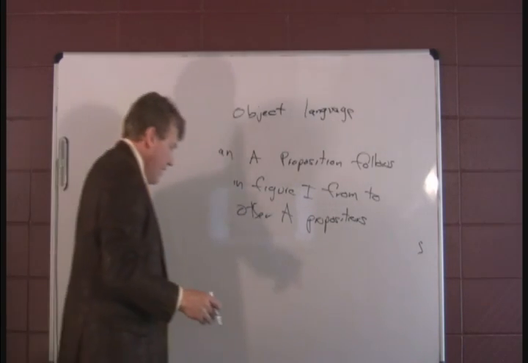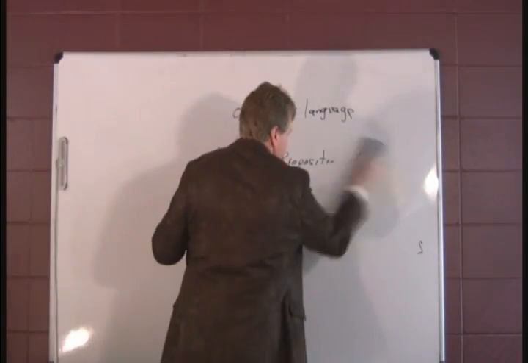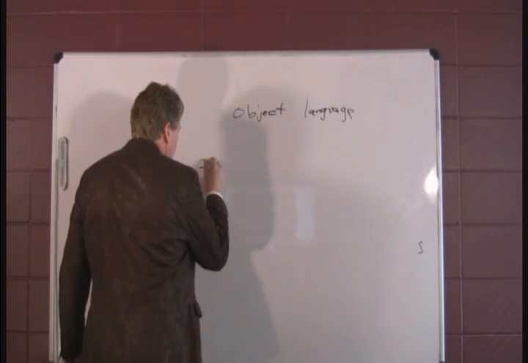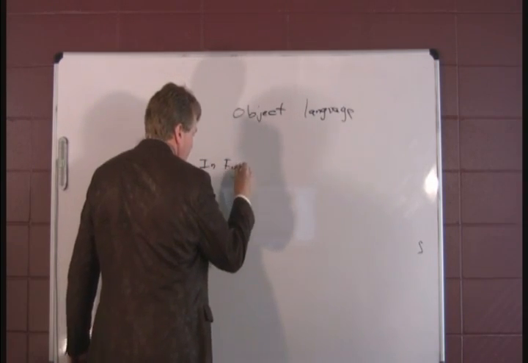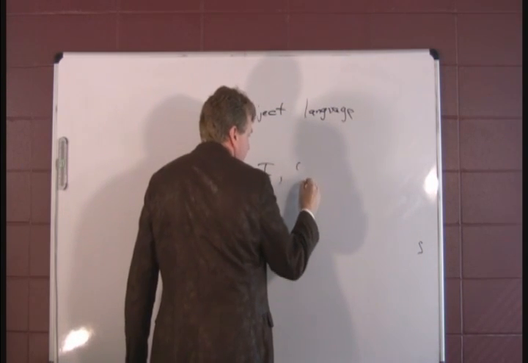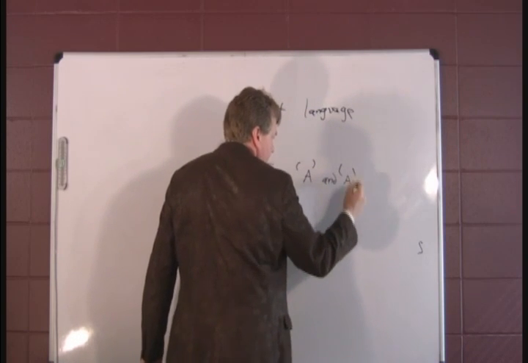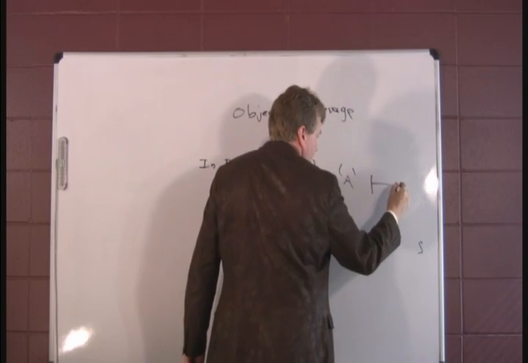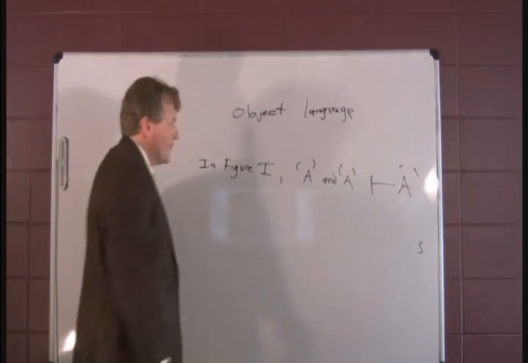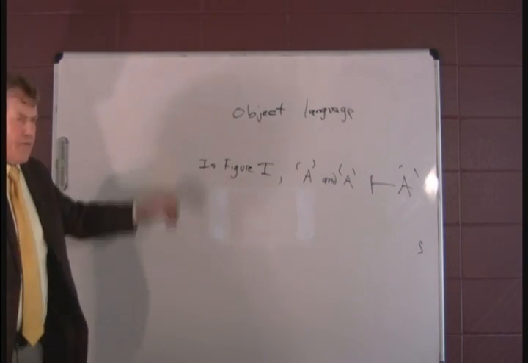I could say something like this. I could say that in figure 1, A and A give A. All right, that's A is a semantic consequence of A and A in figure 1.